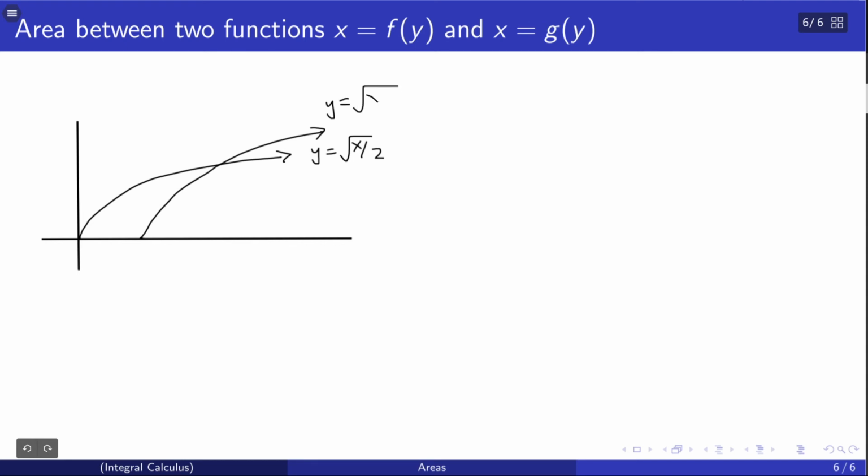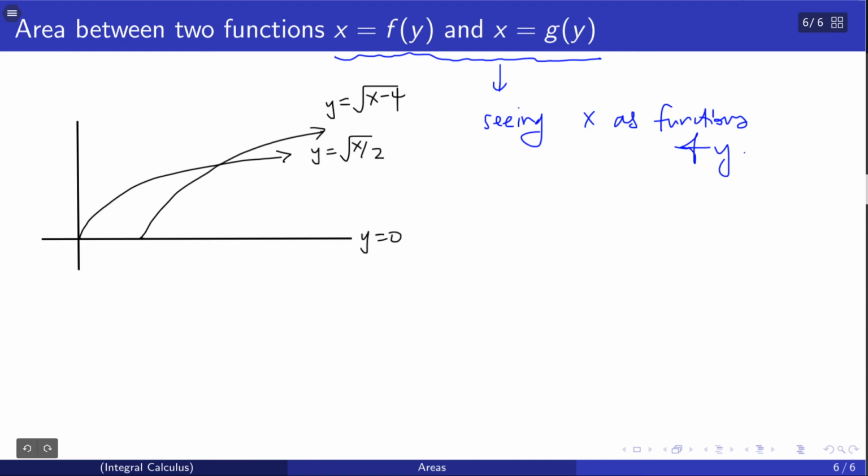Y equals root x minus 4. And y equals 0 as well. And what I claim here is that there is another way to compute the area of this region without having to split it up into two integrals, right? And the title of this slide sort of gives it away. It's seeing x as a function of y.